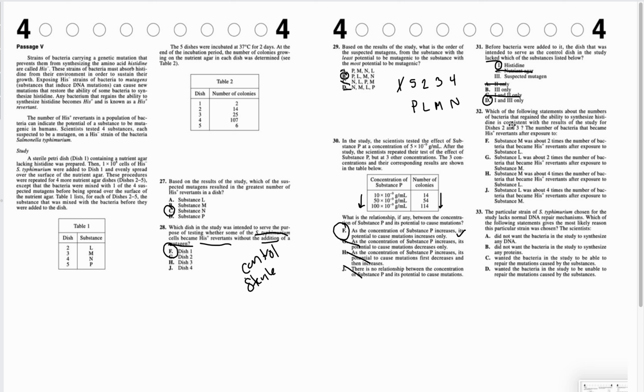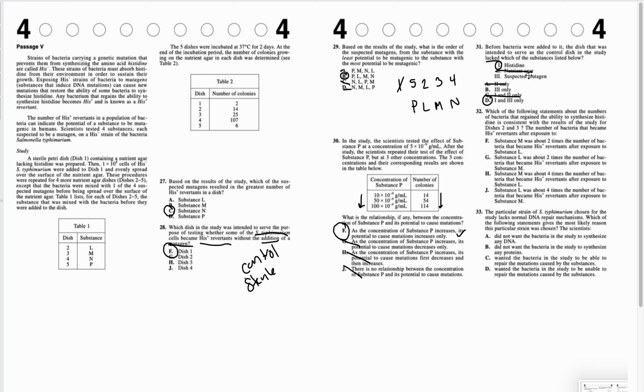Question 32. Which of the following statements about the numbers of bacteria that regained the ability to synthesize histidine is consistent with results of the study for dishes 2 and 3? The number of bacteria that became HIS positive revertants after exposure. Okay, so dishes 2 and 3.